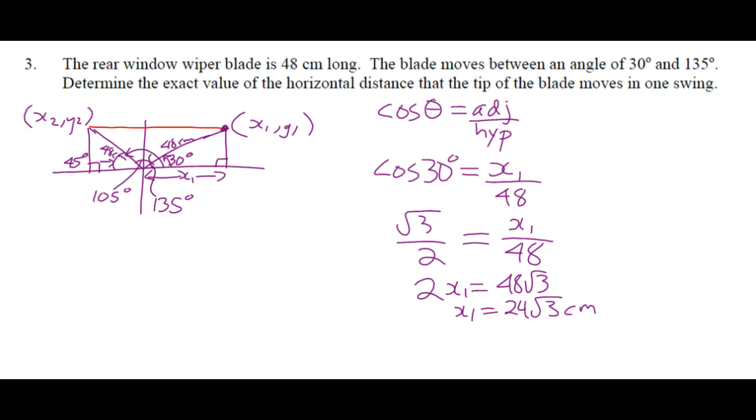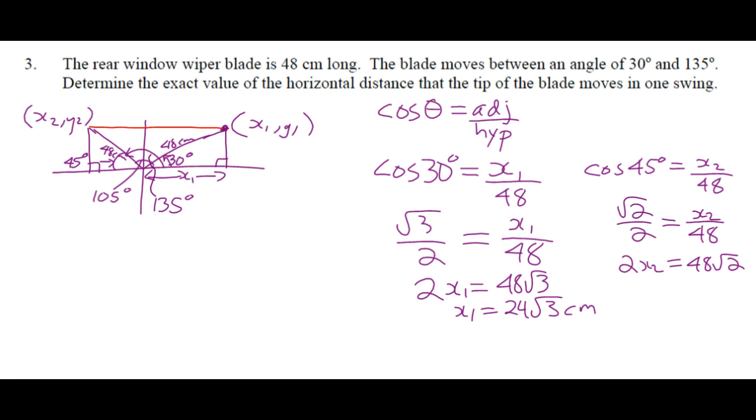I'm just going to say the cos of 45 degrees is x2 over 48. Okay, so this is my unknown. I want not a radical on the bottom, right? So I'm going to use root 2 over 2. So 2x2 is 48 root 2, and x2 is 24 root 2.